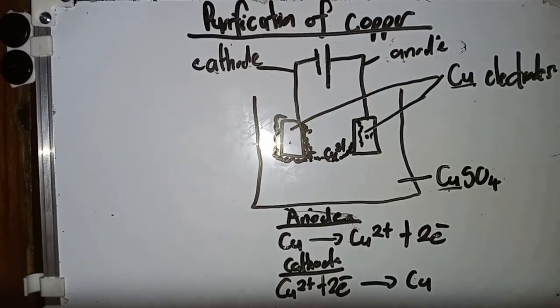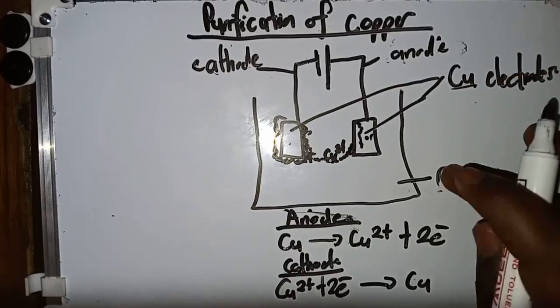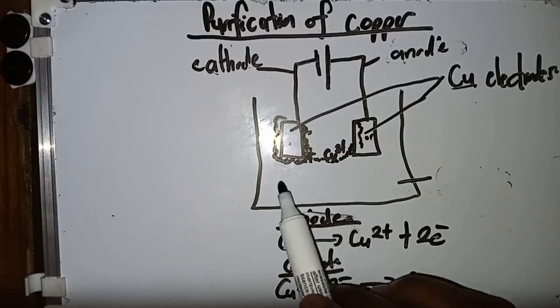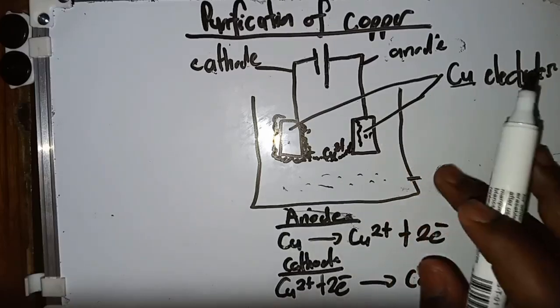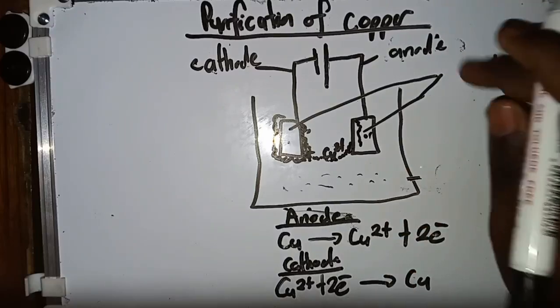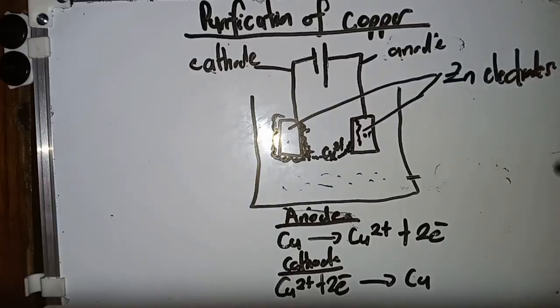So that's what happens. Most of the time they'll ask you what electrolyte do you use? I say that an electrolyte is the compound which will be here to be decomposed. If they are zinc electrodes, what electrolyte do you use?